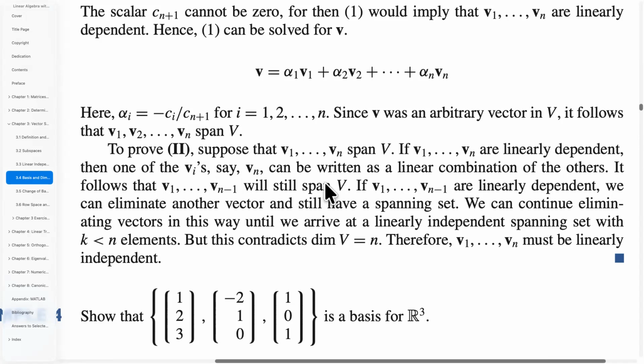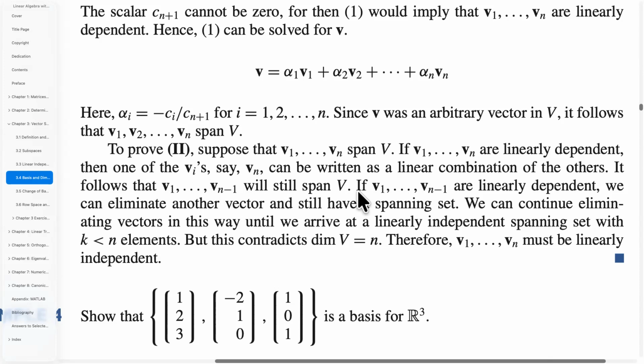So in other words, we can reduce this spanning set by at least one vector. So V1 to Vn minus one span V. If they are still linearly dependent, then we continue this process until at one point we have a smaller set that spans V and is independent.